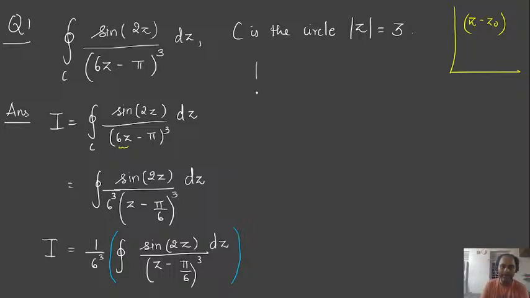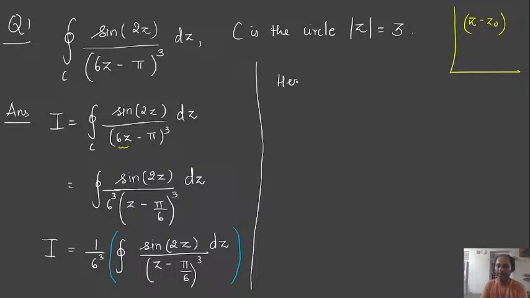Now when I compare this part with the given formula that we had written, by Cauchy integral formula I can compare and write. One more important thing I have to remember here is that this z0 should be inside the circle, so we just check that, and it is very obvious here.